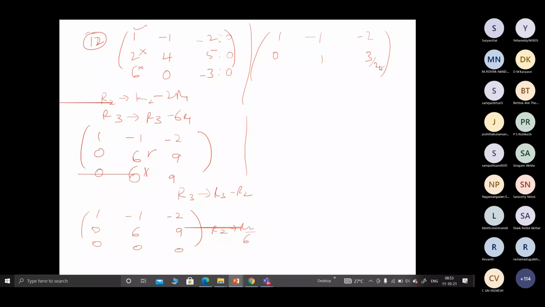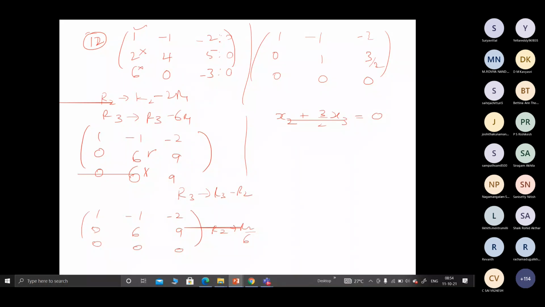Okay, now tell me, the last row is 0, 0, 0. So now if you write the system, what is the second equation? x2 plus 3 by 2 x3 equal to 0.